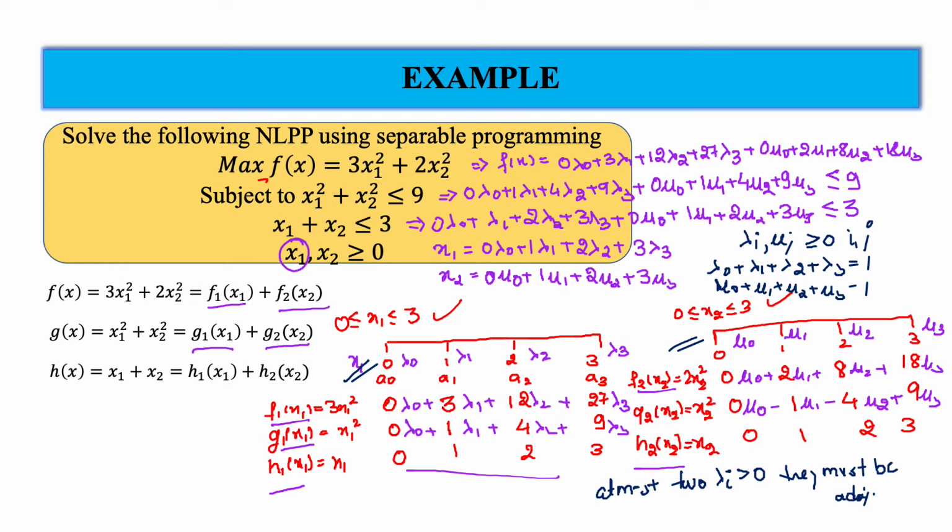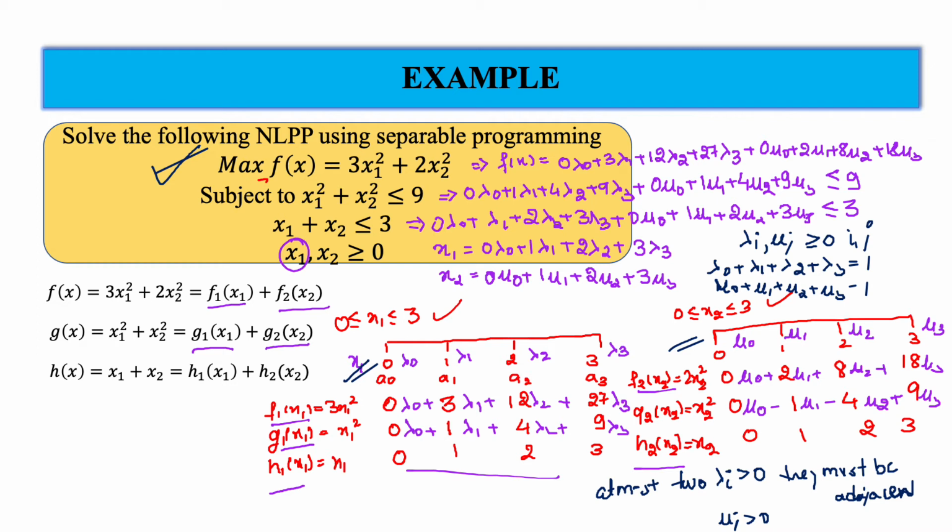The same condition holds for the mu j's: at most 2 mu j's should be greater than 0 and they must be adjacent. So this will be the linear approximation of this non-linear programming problem, I mean the separable programming problem.